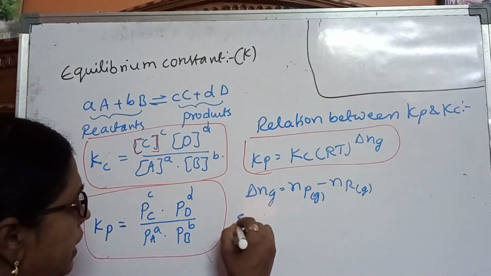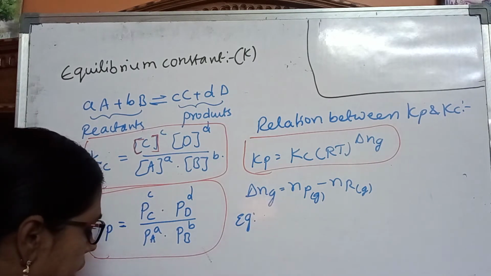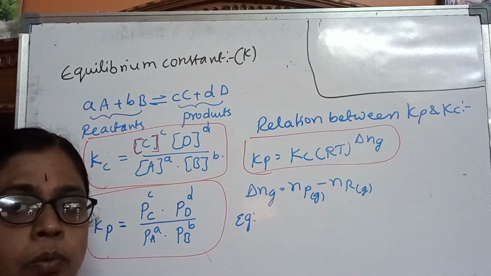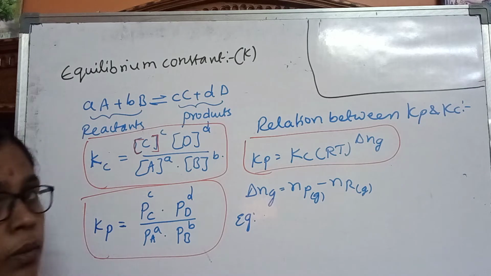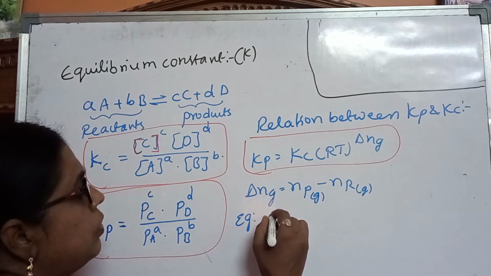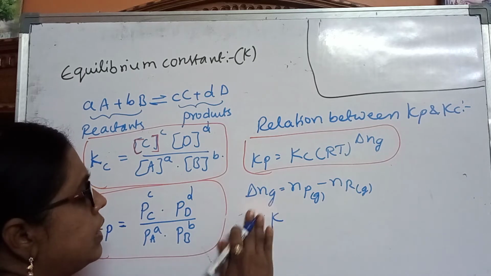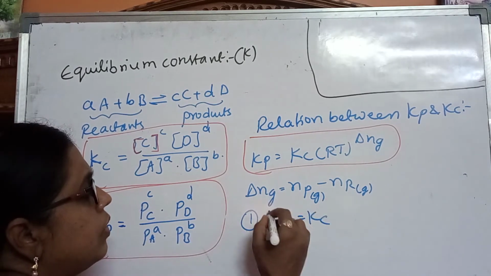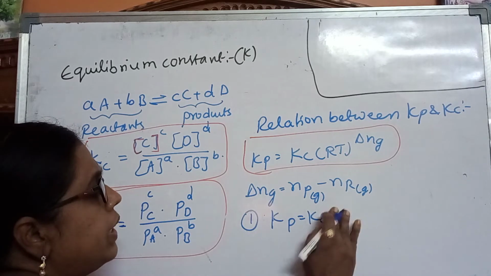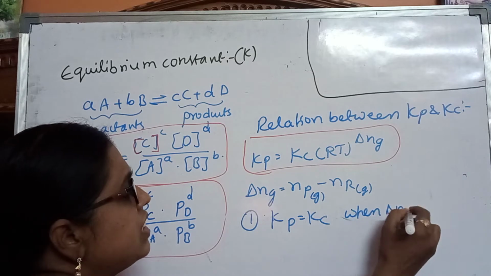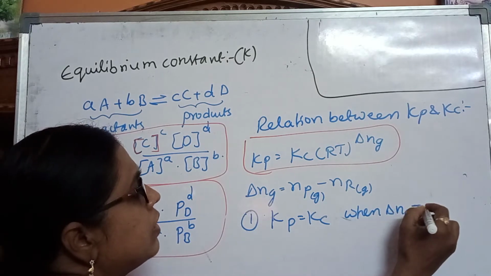Three relations are possible between Kp and Kc. The first possibility is Kp is equal to Kc, which holds when delta Ng is equal to 0.